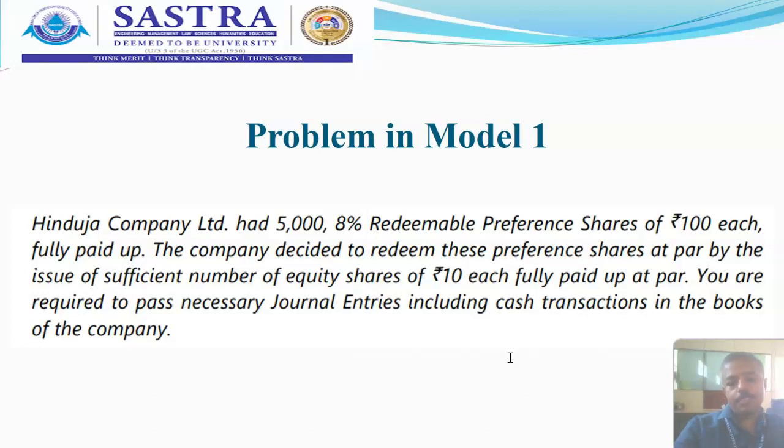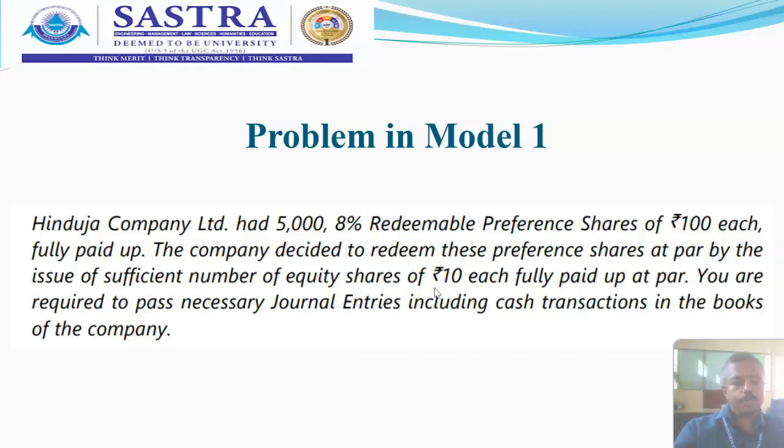The company decided to redeem these preference shares at par by the issue of a sufficient number of equity shares of rupees 10 each, fully paid up at par. Now, we are required to pass the journal entries necessary for this transaction, including the cash transaction, in the books of the company.